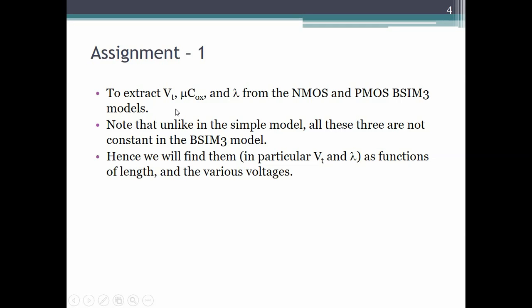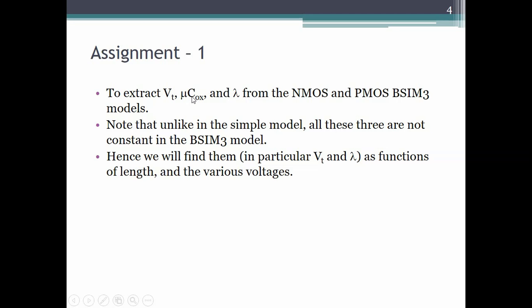Now, one thing we recognize right off the bat is that Vt, mu Cox, and lambda, although we assume them constant in our simple model, in the BSIM3 model will all be functions of the various voltages and the length of the MOSFET. So the purpose of this assignment is to understand and get a feel for how Vt, specifically Vt and lambda, vary with the various voltages and with length.